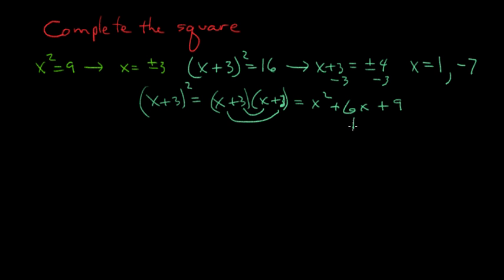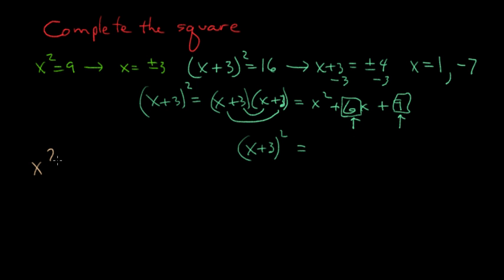So if you look at this, you take half of the middle term, x plus 3, and square it to get the last one, then you can complete the square. If you don't know what I'm talking about, that's okay. Let's try this.